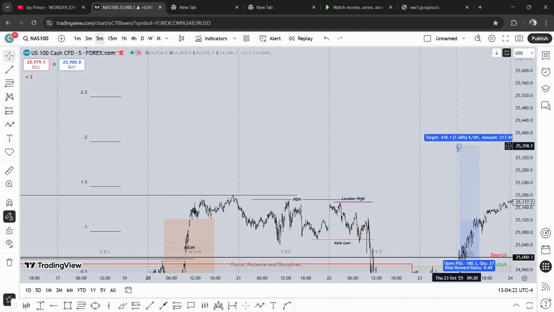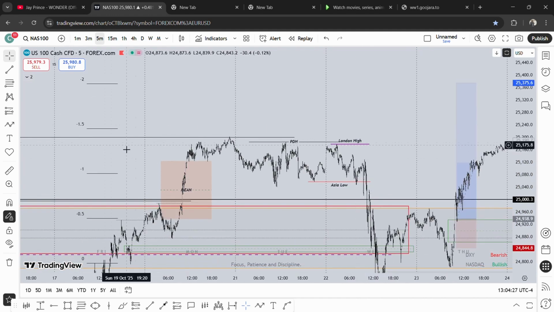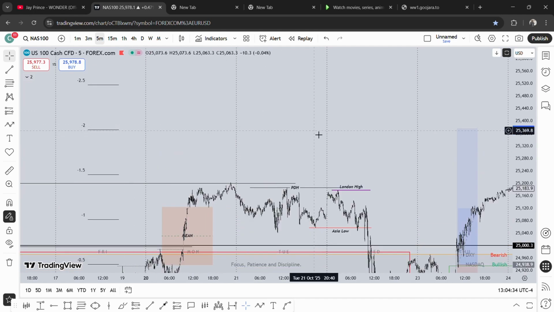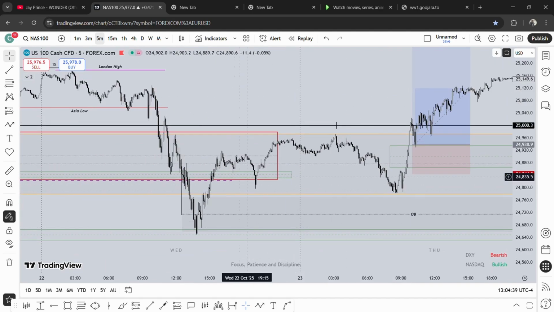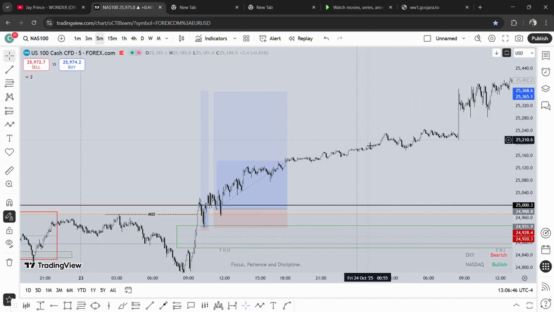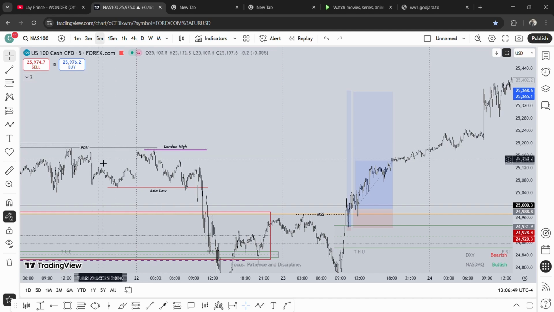So my TP was about here. This level was my first take profit level, and then my second level up here. And this is how it went. Price continued expanding. Then we took buy side liquidity on that's 1 a.m. Friday, New York time. That's New York time over here.